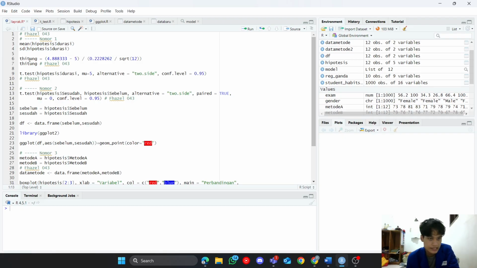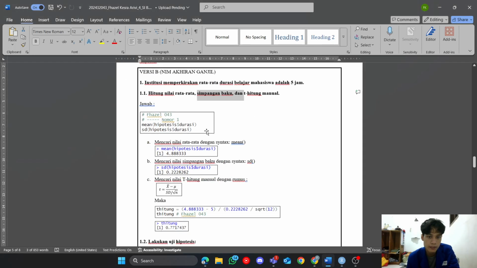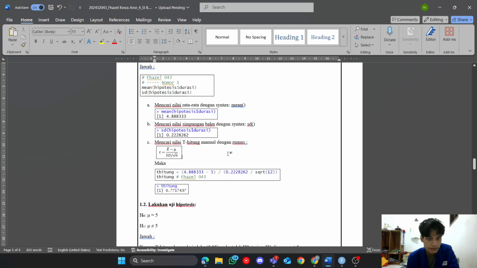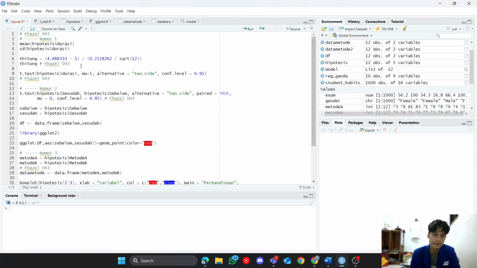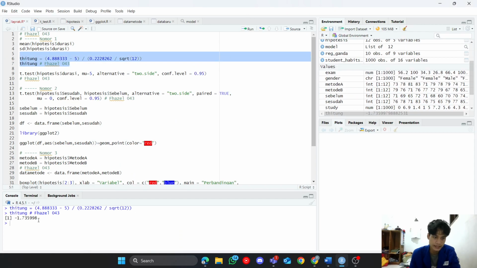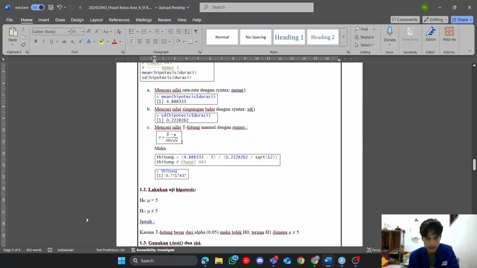So the t is with the formula x bar minus mu, divided by the standard deviation, divided by the square root of the total sample. So there we got the t value, which is minus 1.735998.